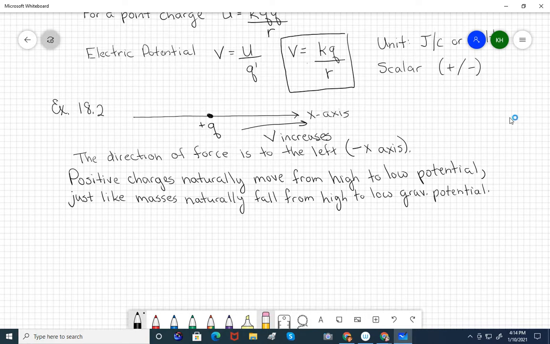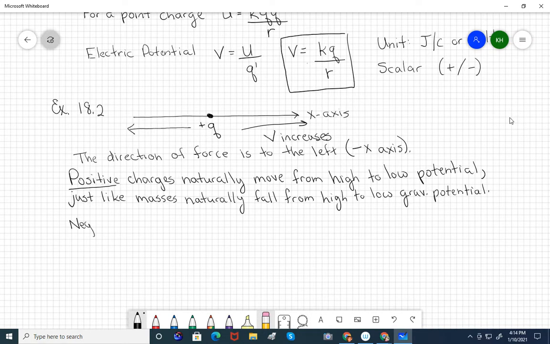Now there is an important point there. Positive charges naturally move from high to low potential. They are free to move. So if this is a positive charge and the potential goes down this way, then it wants to fall this way.